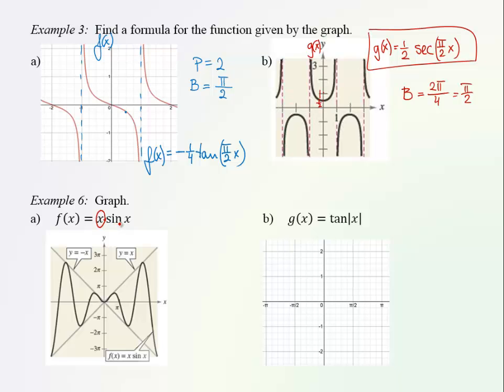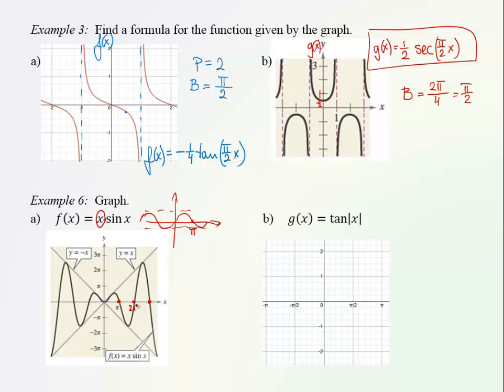And the shape is of sine, so normally sine waves like this with the amplitude 1. But now the amplitude changes. So if normally we had 0 at pi, our graph will still have 0 at pi because 0 times anything is still 0.